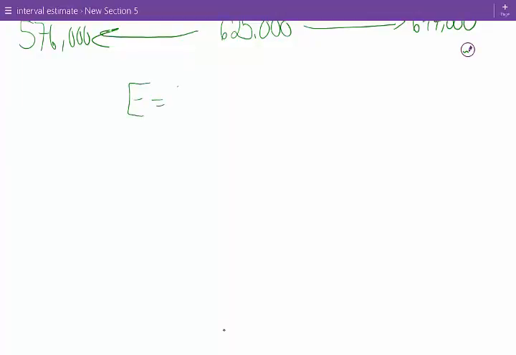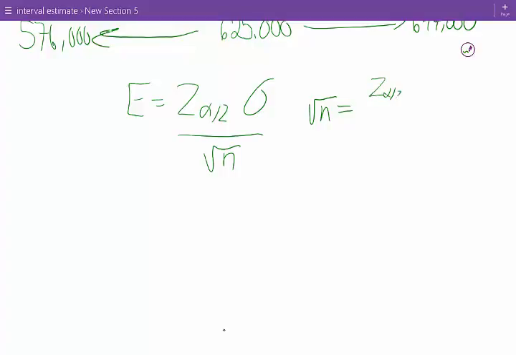E is equal to Z alpha over 2 times sigma, all divided by the square root of n. We'll rearrange this because we don't want to solve for E, we want to solve for n. So the square root of n is equal to Z alpha over 2 times sigma, all divided by the margin of error E.